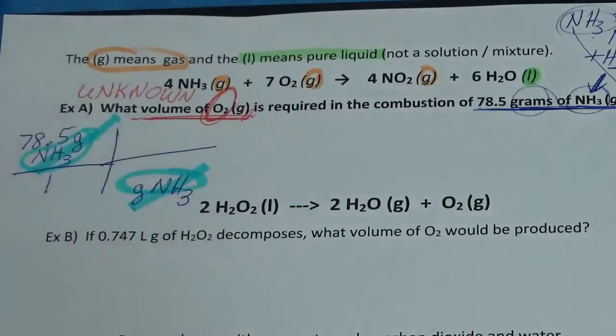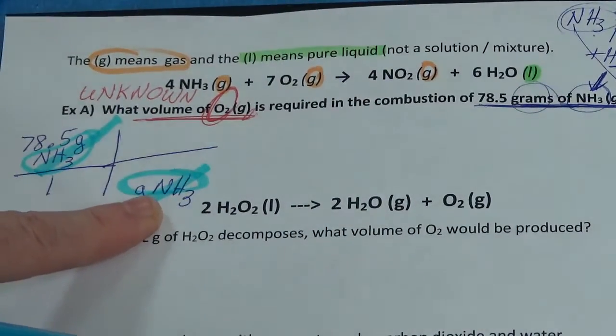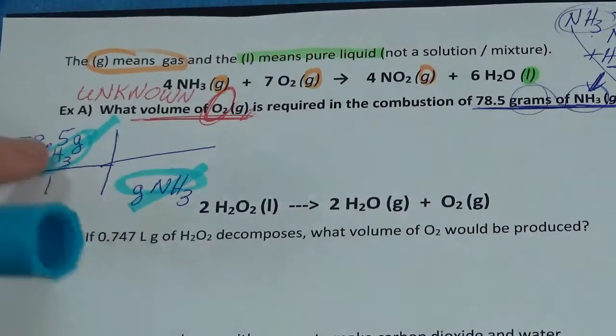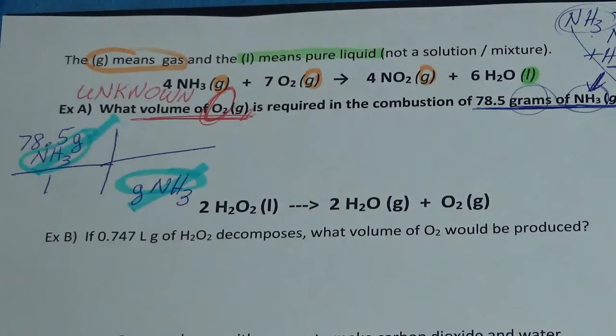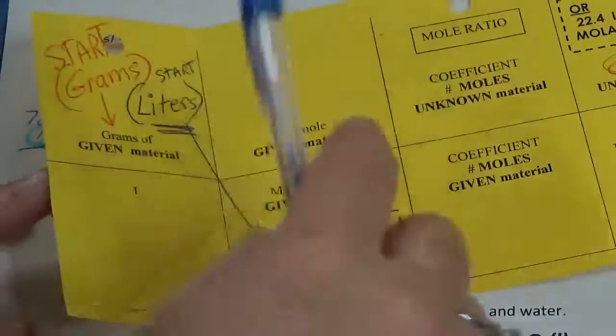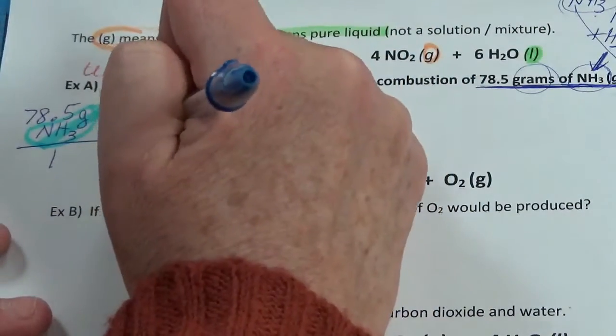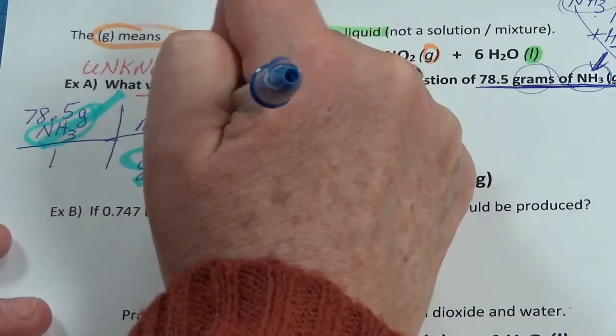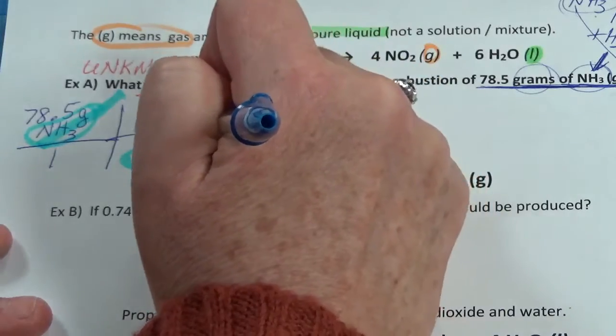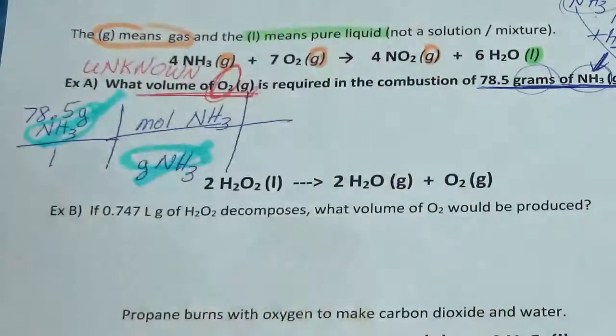Molar mass of NH3 will go here. That'll make it cancel. We're converting that to moles right now. Grams of given converts to moles of given here. So moles NH3. Let's continue. We'll put the numbers in later.